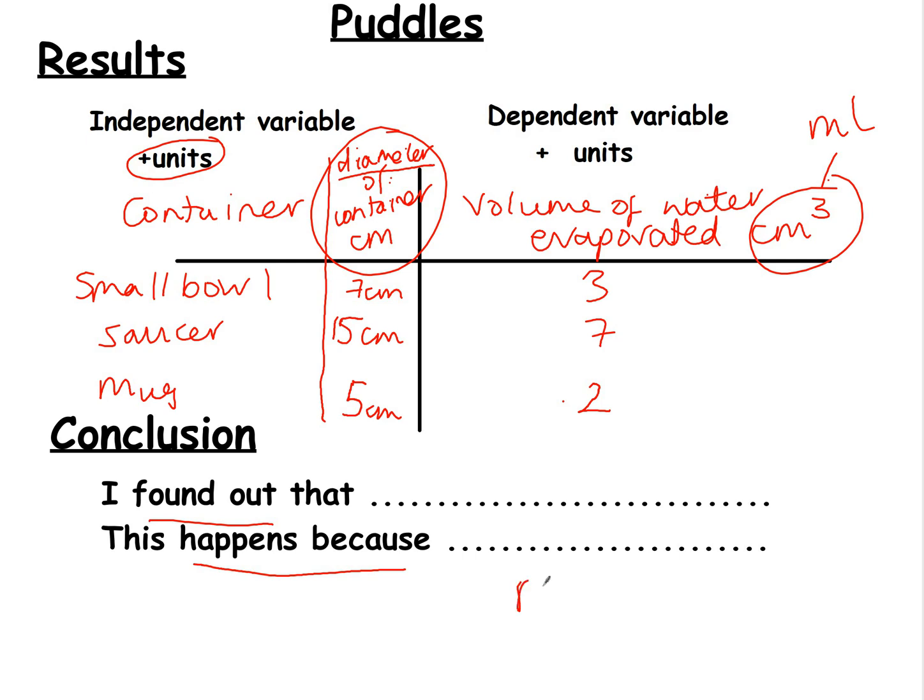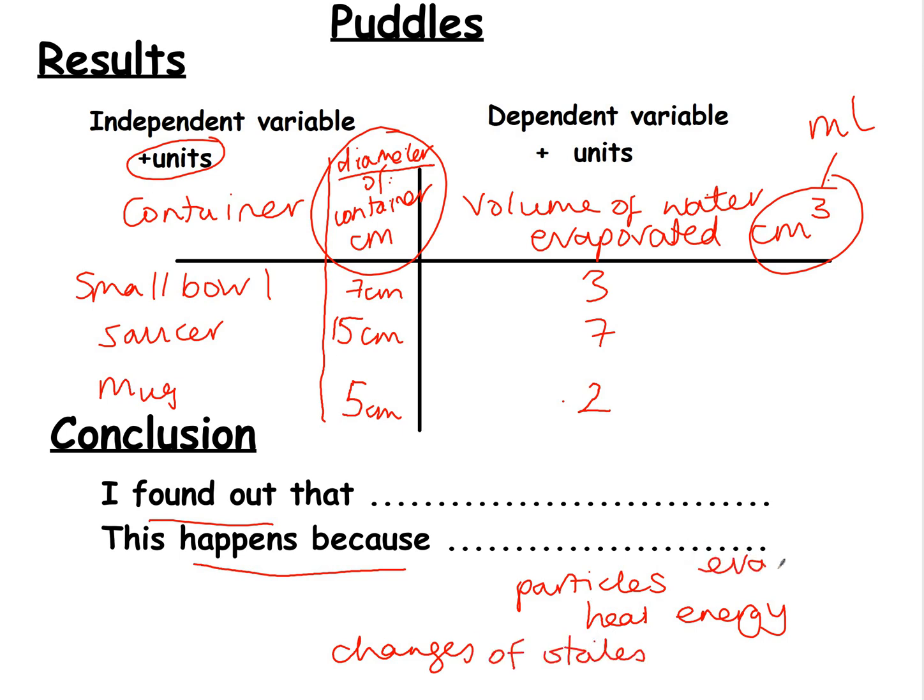You might want to use particles, heat energy, changes of state, so starting to go from a liquid to a gas, and evaporate is a definite key word here. So from liquid to gas.